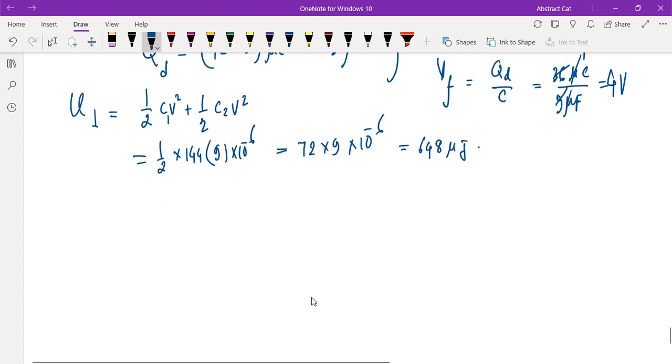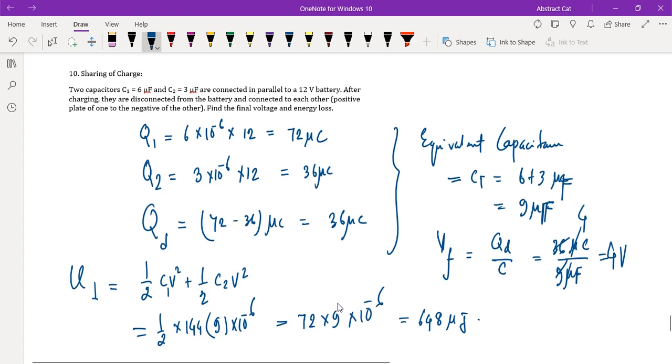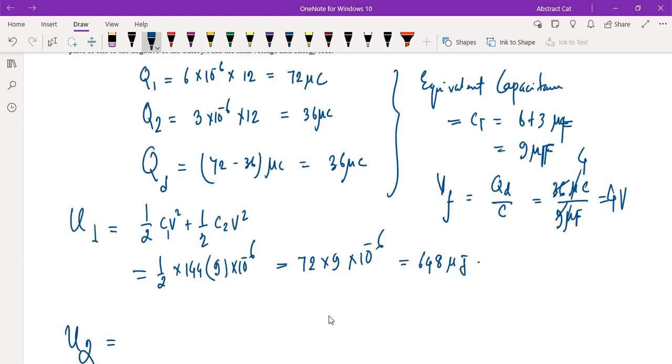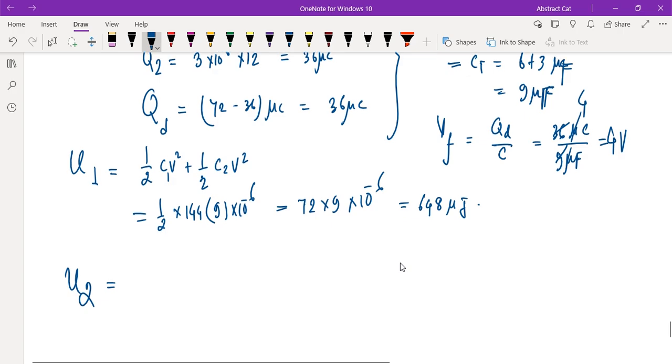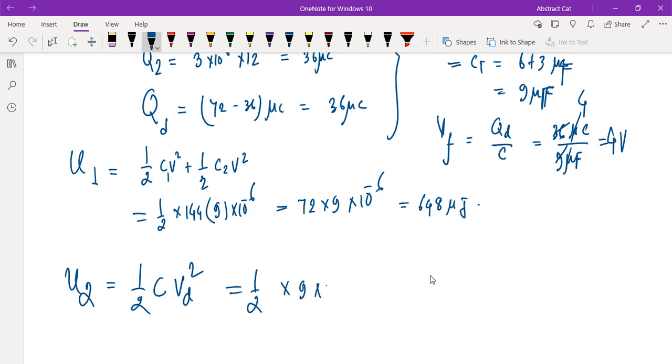And here U2, when there is exchange, the equivalent capacitance difference. U2 is equal to half CV square, and the V now is the difference of potential. So that is half of the equivalent capacitance, 9 into 10 to the power minus 6, into 4 square, which is 16. 8 nines are 72 microjoule.